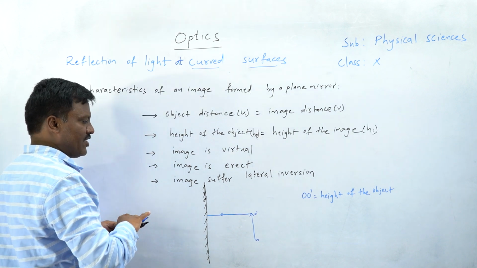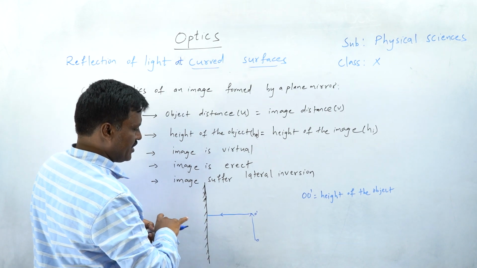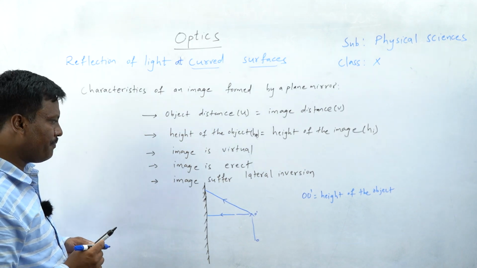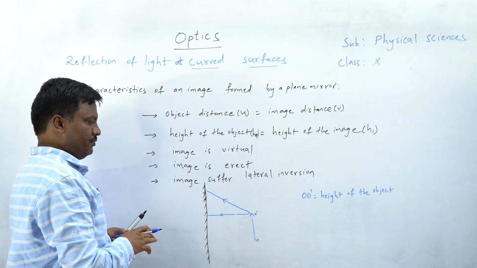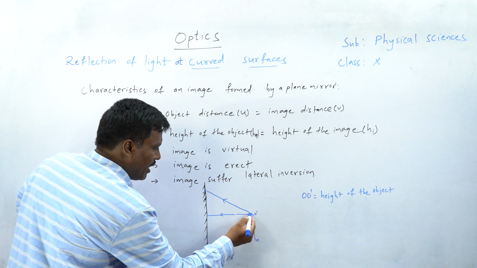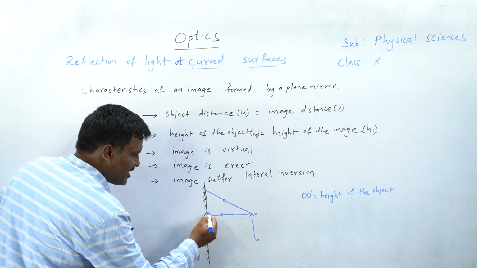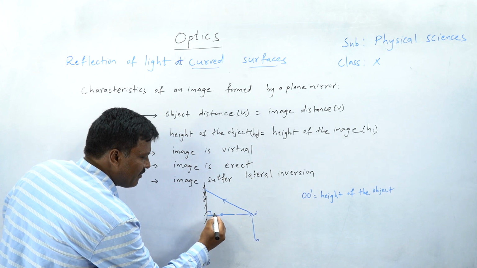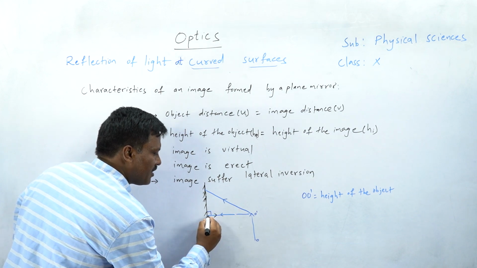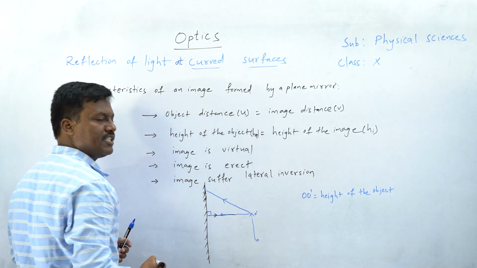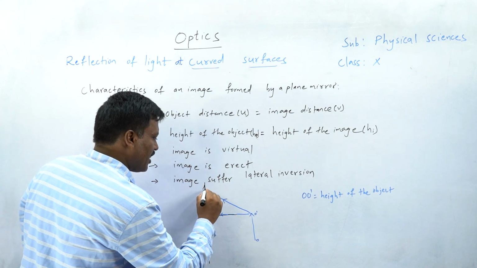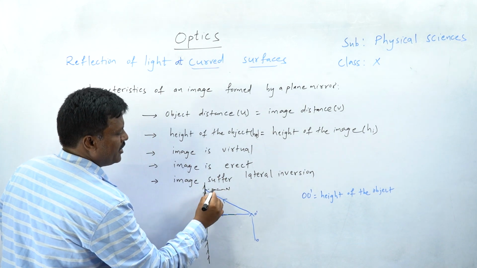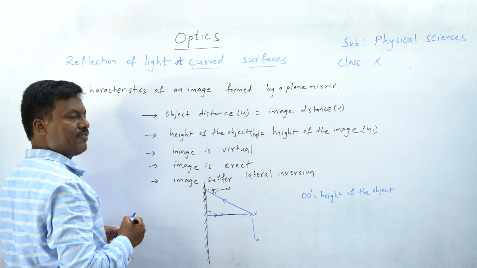And one more ray I will consider. This is another ray. Now, what happened? This is incident ray. This incident ray is incident perpendicularly. Since it is incident perpendicularly, after reflection, it traces the same path. It goes this way. But here when we draw the normal, here this is normal.